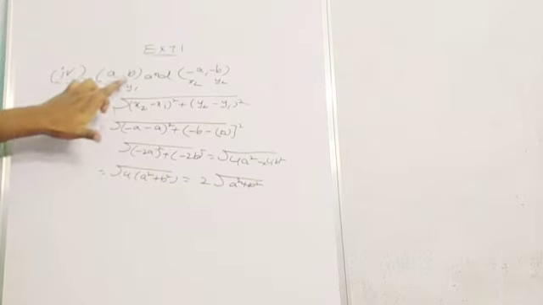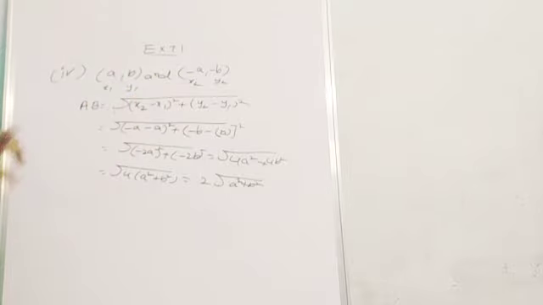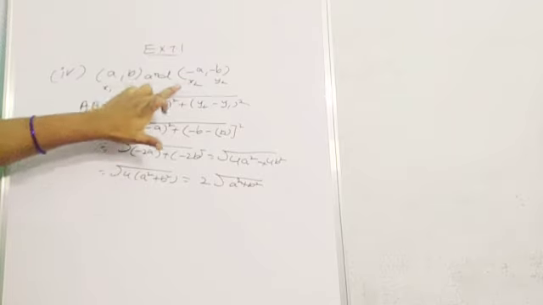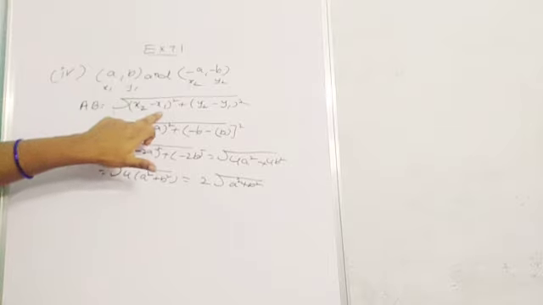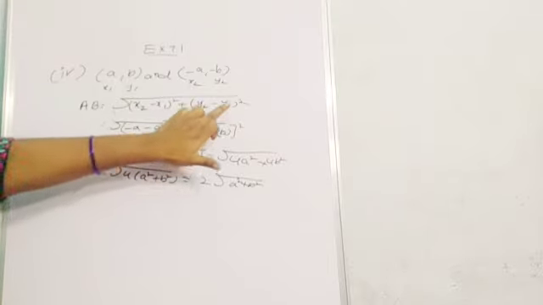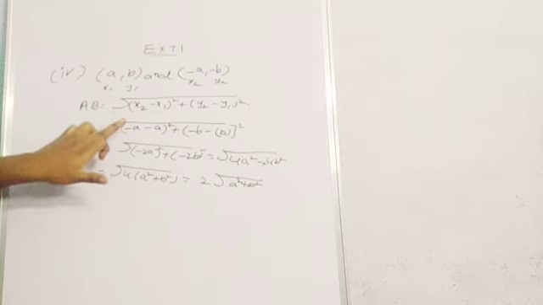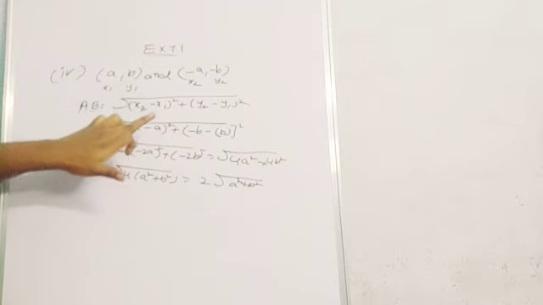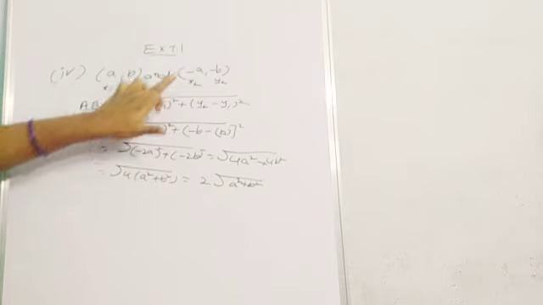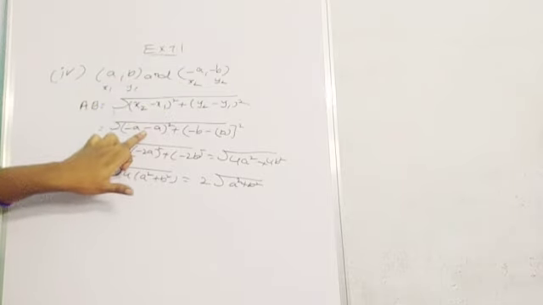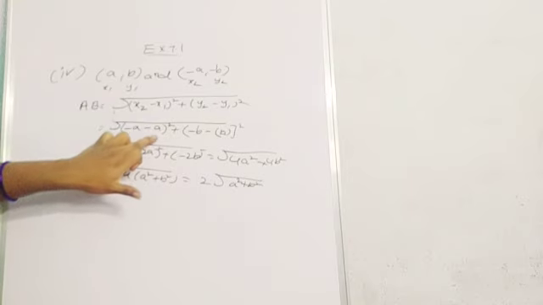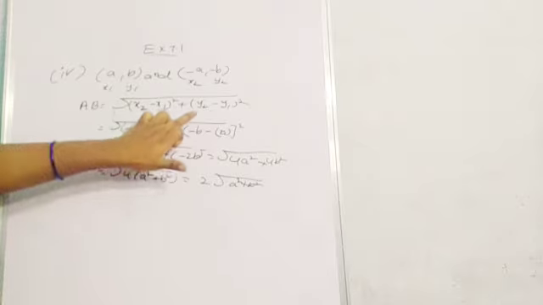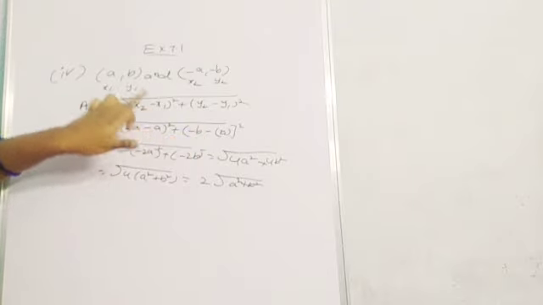Here given (a, b) and (-a, -b), two points. Now I have to find the distance between those two points: AB equals square root of (x2 minus x1) whole square plus (y2 minus y1) whole square. Now we substitute the values. Here the x2 value is minus a, and the x1 value is a. So (minus a minus a) whole square plus (minus b minus b) whole square.